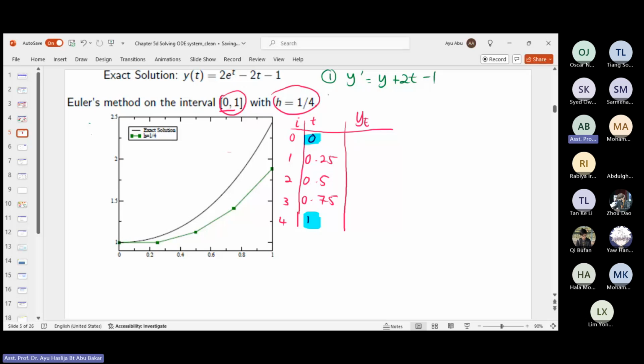Your starting point is at t equals 0, y equals 1. Now, to find the y Euler, we know that y Euler is from this equation.